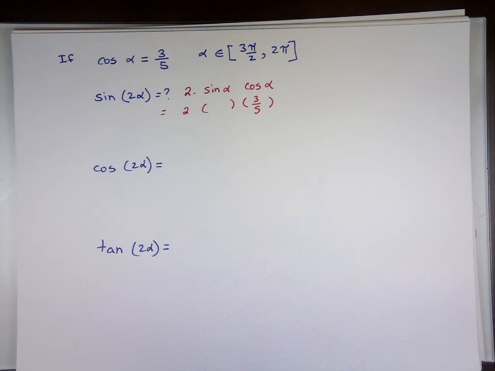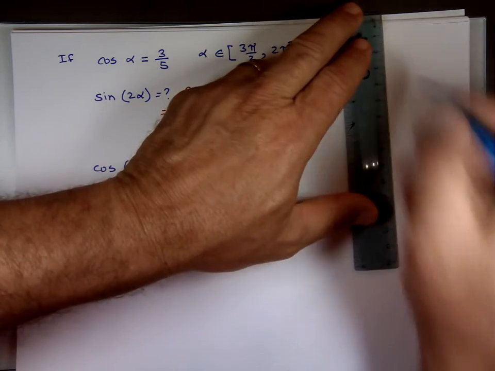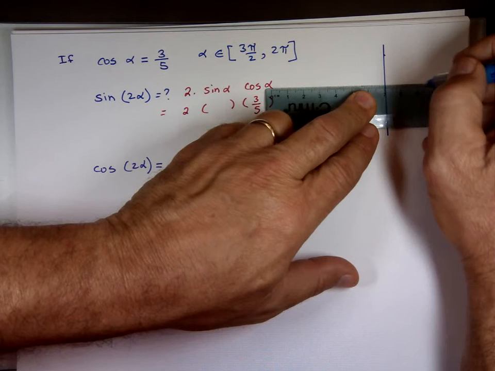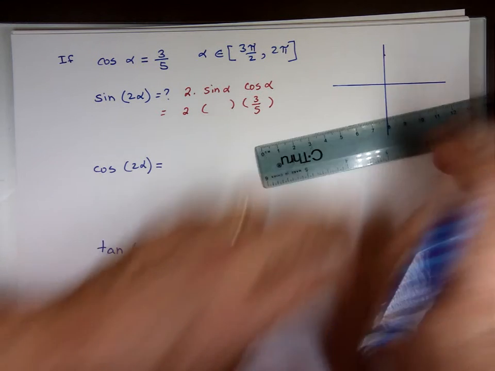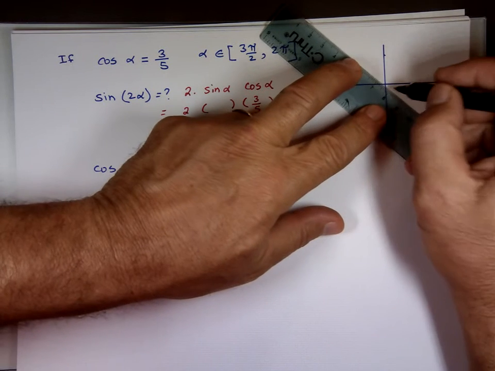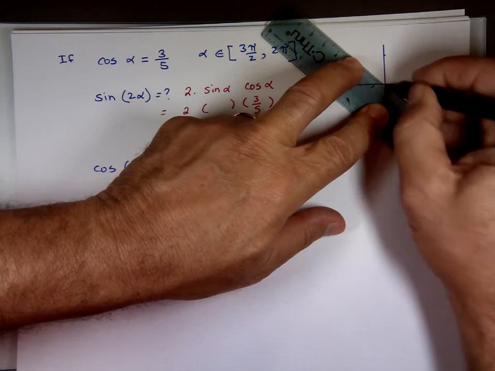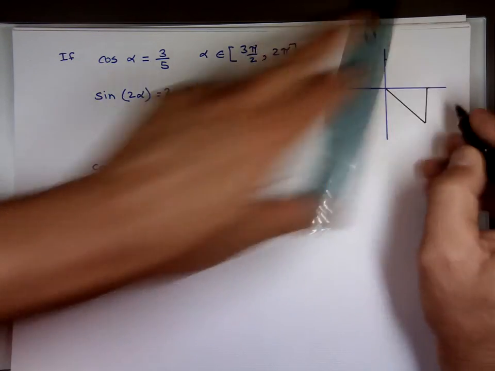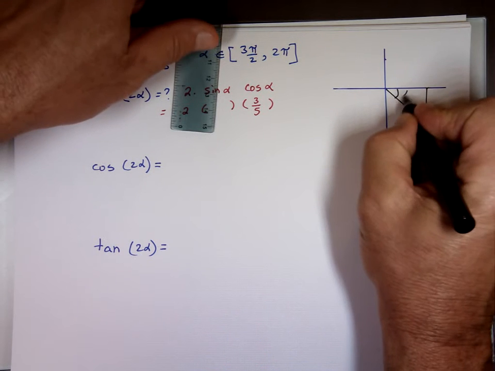We are in which quadrant? Fourth. The angle in the fourth quadrant. So here's my angle, somewhere in the fourth quadrant. Don't worry about the scale. This is alpha, somewhere here.